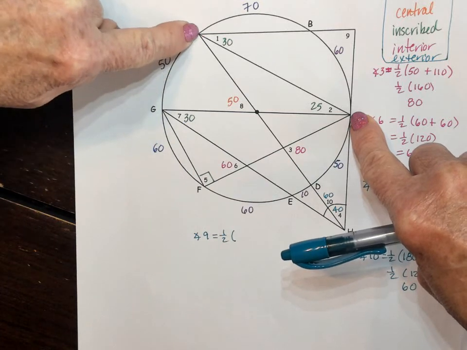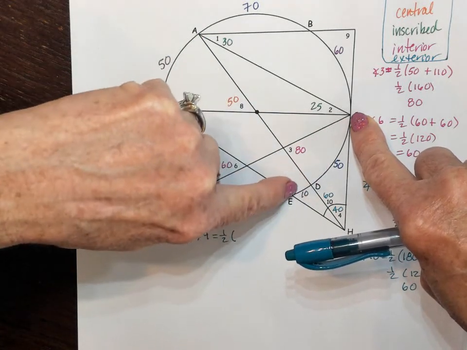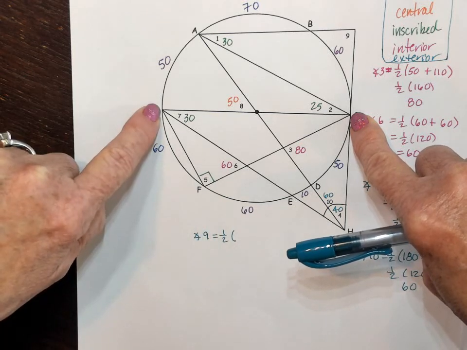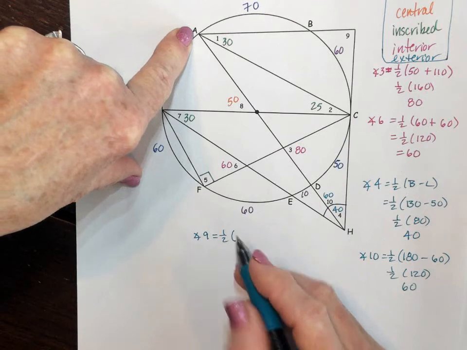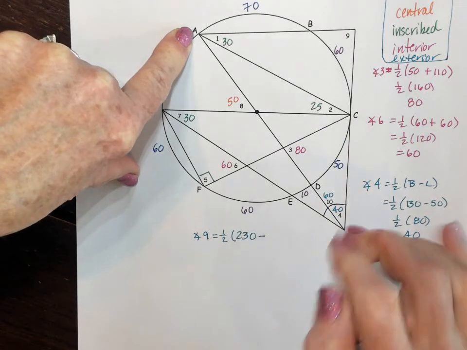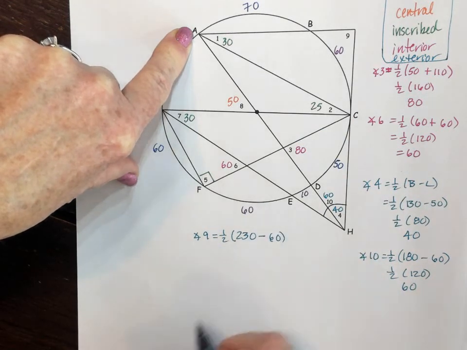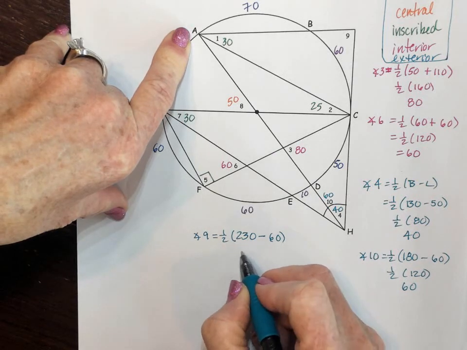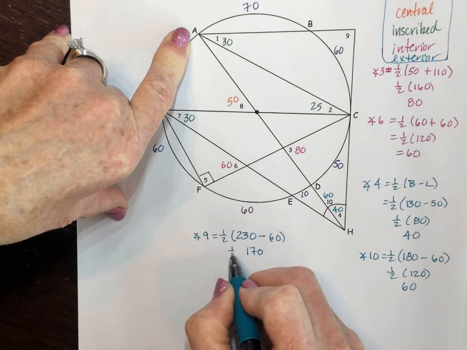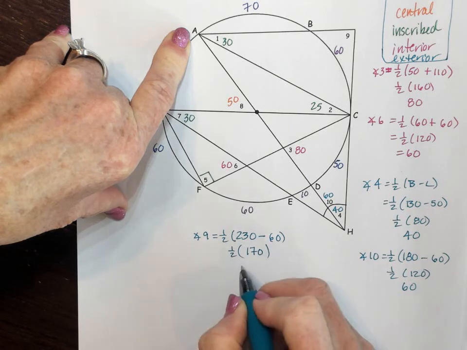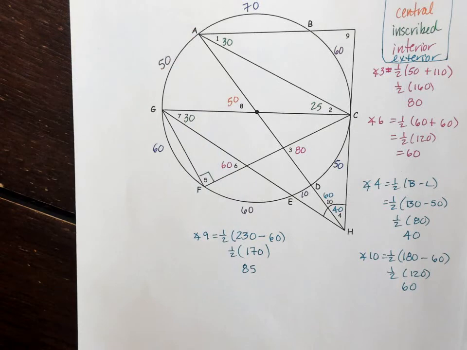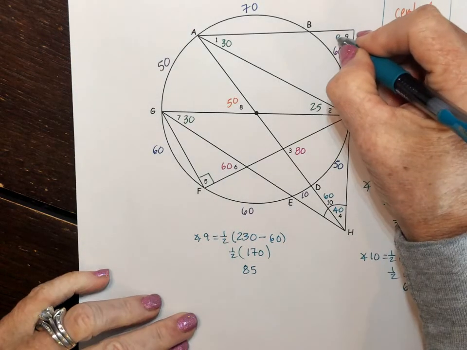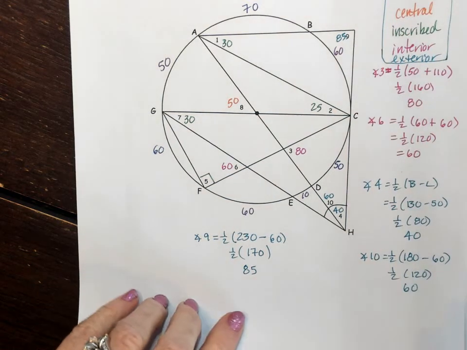Angle 9's big arc is 50, and 10 is 60, and 60 is 120, and 60 is 180, and 50 is 230. 230 minus 60 is 170. Half of 170 is 85. 85. Okay, let's fill in our table.